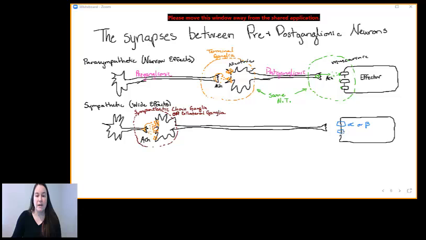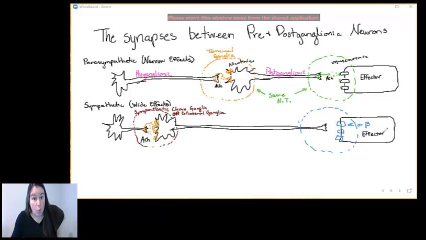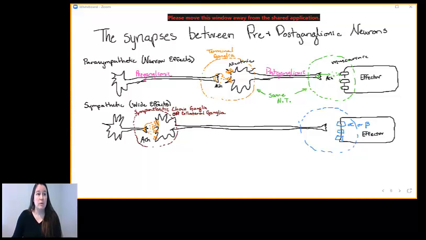You don't oftentimes find alphas and betas together, so one pocket of tissue may have an alpha receptor, another pocket of tissue may have a beta receptor. This synapse here at the effector is going to be utilizing then the neurotransmitter that we associate predominantly with the sympathetic system. And that happens to be some good old norepinephrine or epinephrine or even dopamine.